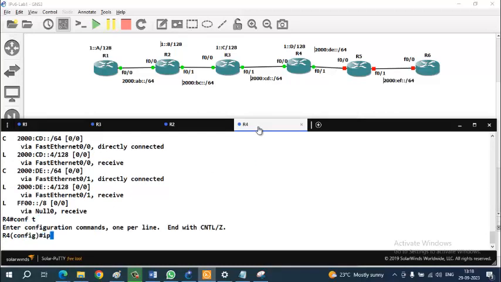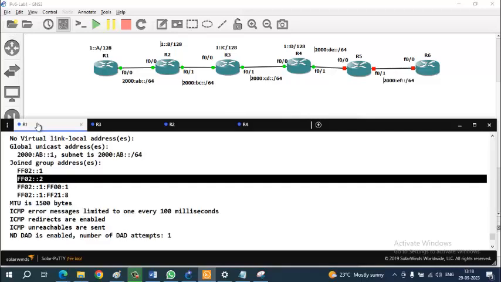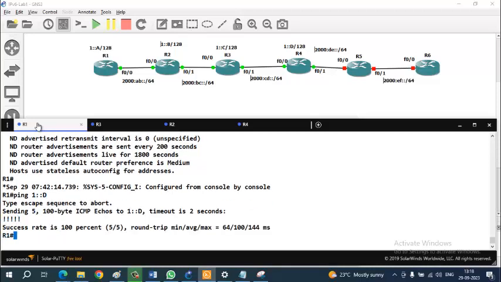Okay. Now you will see a surprise. I just enabled routing, but when I ping, it will immediately ping. Not even a single packet lost. If it is IPv4, it would have lost 2 or 3 packets to learn the MAC address, ARP discovery.